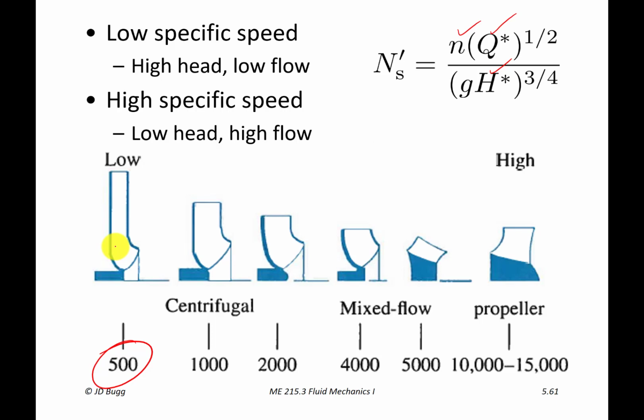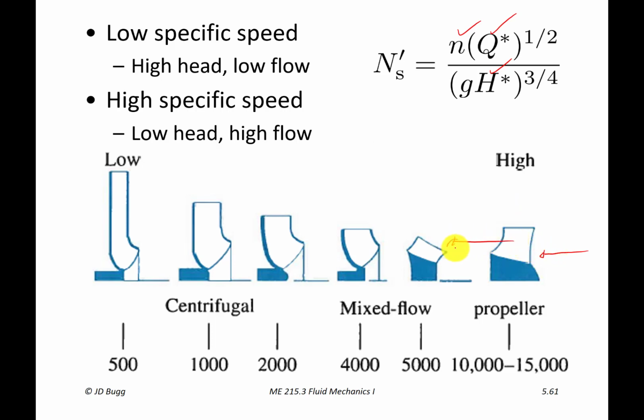Higher specific speeds, if we go all the way to the other end of the spectrum, so here's specific speeds up in the 10 to 15,000 range, and that is almost a purely axial flow pump. Now they've labeled it here as a propeller pump, and that's really what an axial flow pump is, it's a propeller in the fluid. So the flow is still coming in this way, engaging with the blades, but there's very, very little radial motion.